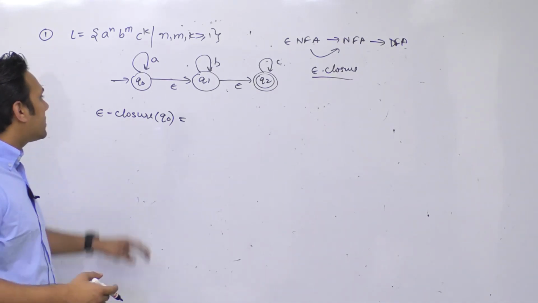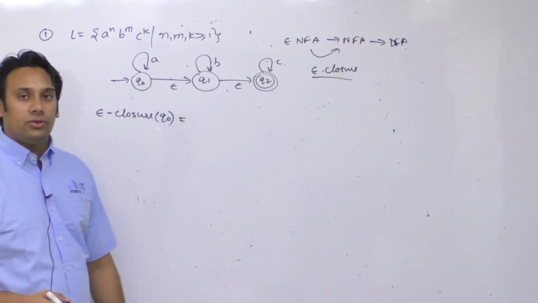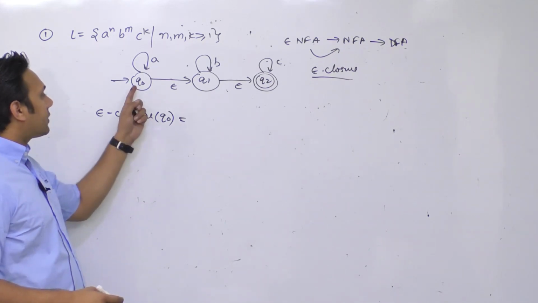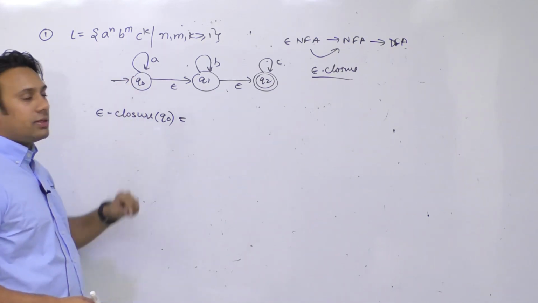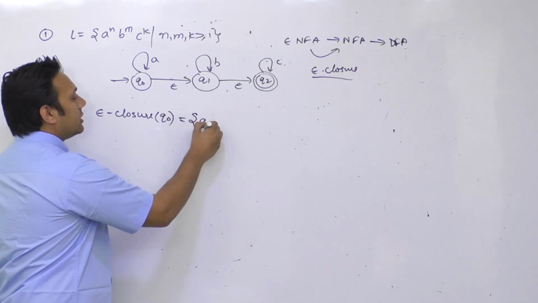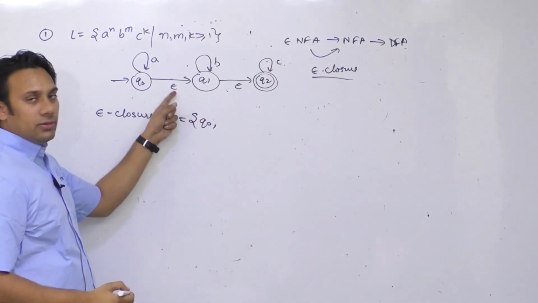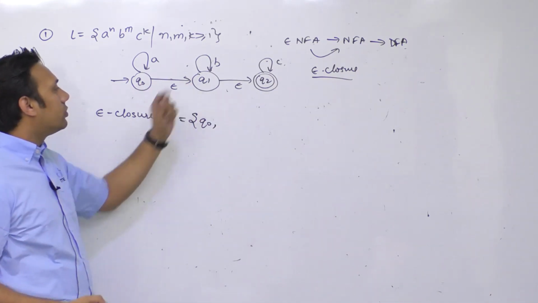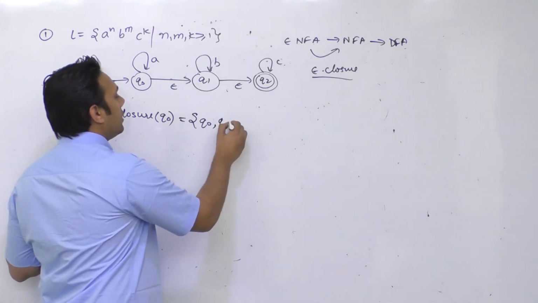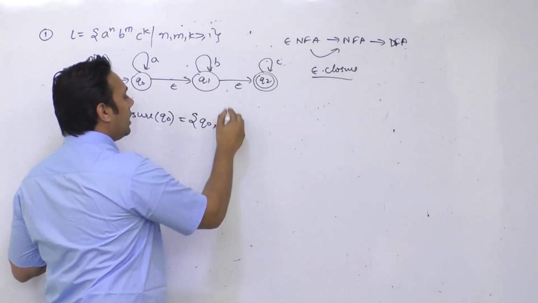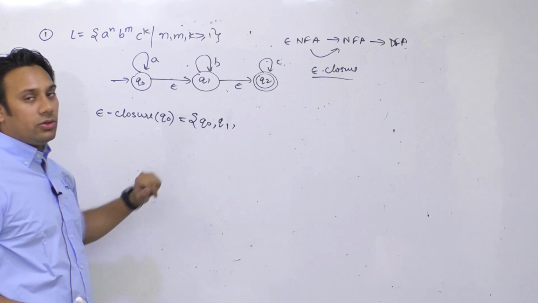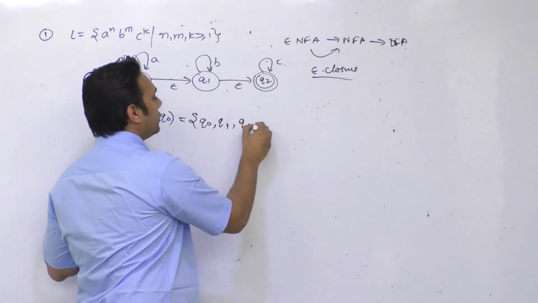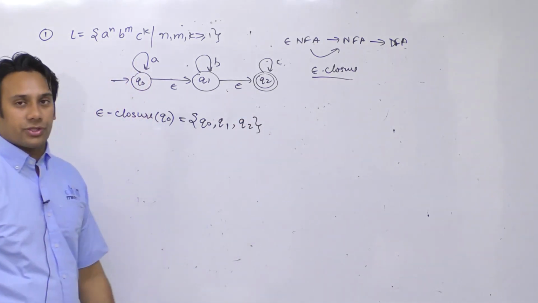For example, currently if you are at state Q0, without looking at any symbol, you can go to the state Q0 itself, or just by looking at epsilon, you can also go to the state Q1. Again, just by looking at an epsilon, you can also go to the state Q2. That is your epsilon closure.